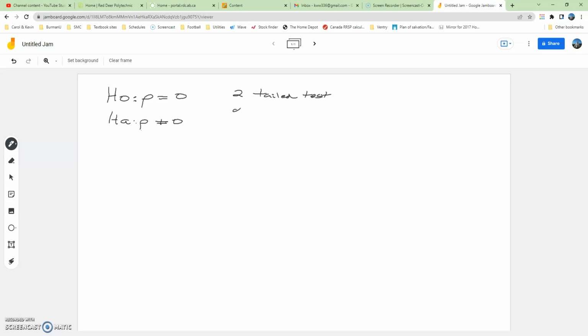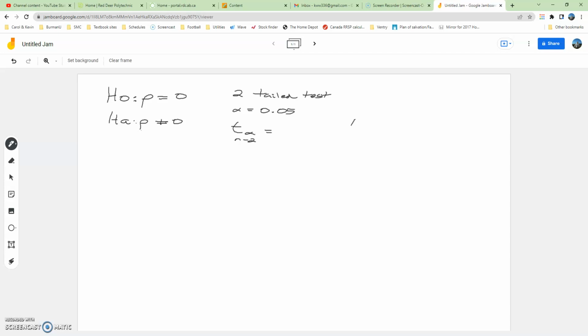We test our claim against a level of significance of 5%. The test procedure uses a t-distribution value, so we have a critical value denoted as t alpha with n minus 2 degrees of freedom. n would be the number of pairs of observations.